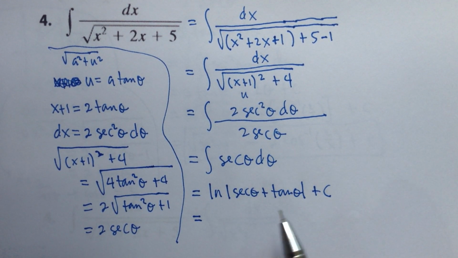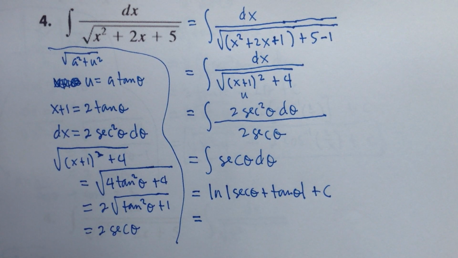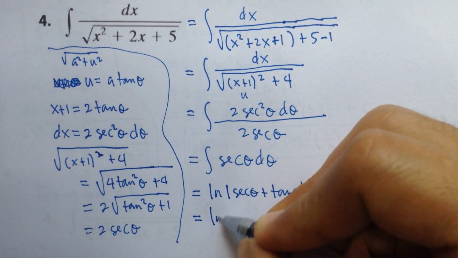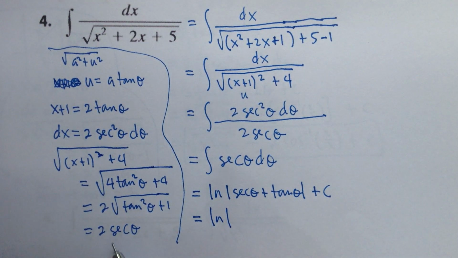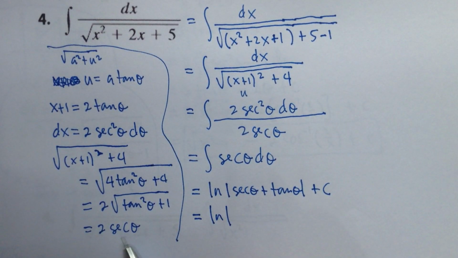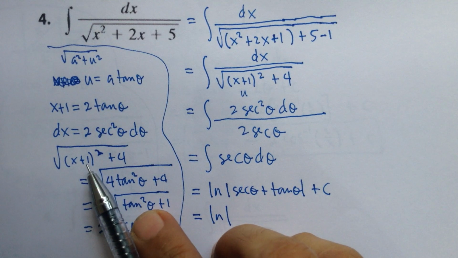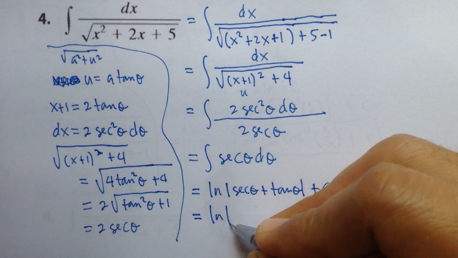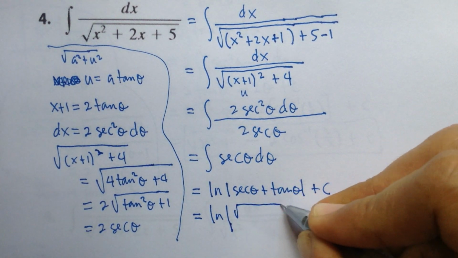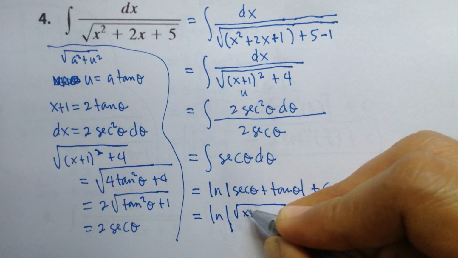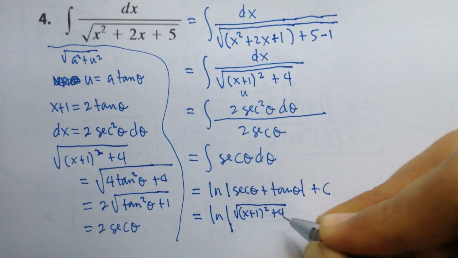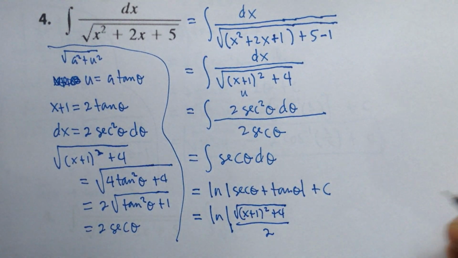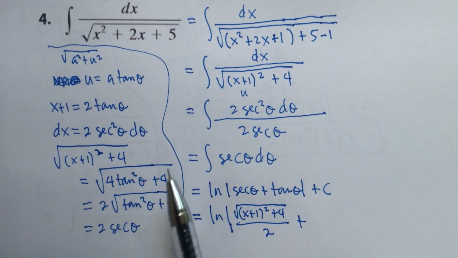So we're almost done, except that it should be expressed in terms of x. Now what is secant theta? Secant theta is square root of x plus 1 squared plus 4 over 2. So you have square root of x plus 1 squared plus 4 over 2 plus tangent theta.